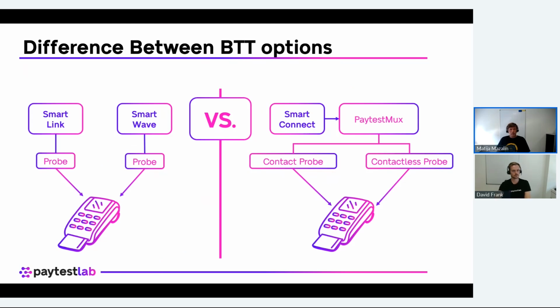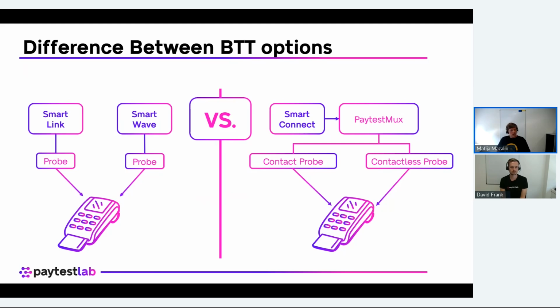So maybe, what is the difference between the options available with the Fime BTT? What you could have is two boxes, Smart Link and Smart Wait boxes. Each of them has a separate probe. One goes into the chip and one goes onto the contactless.